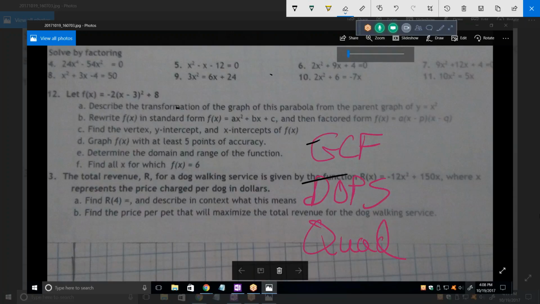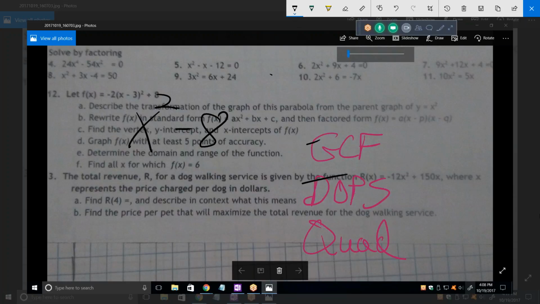Yes. Now, remember, dopes rarely has this middle x term. You have to have the difference of perfect squares. If I said x squared minus 8, that is not dopes, because 8 is not a perfect square.